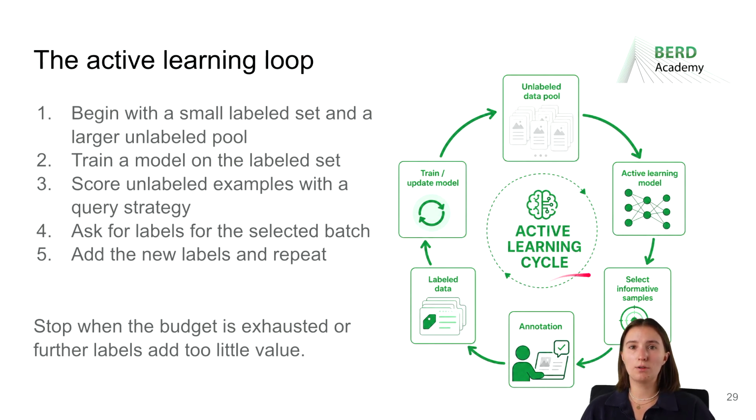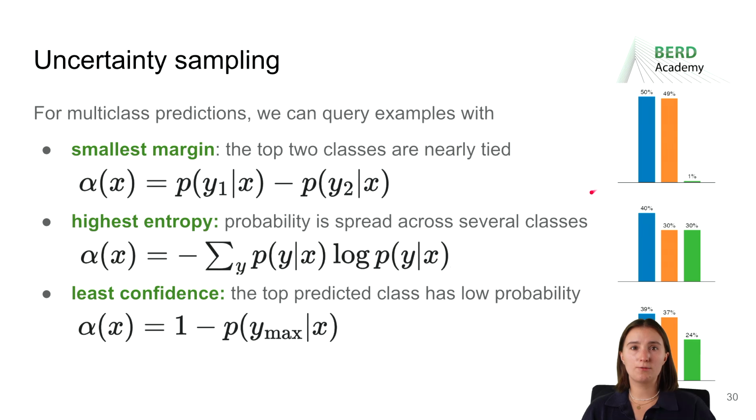Okay, next we're going to look at which kind of selection strategies, or so-called acquisition functions, exist. There exists, for example, uncertainty sampling, which considers the uncertainty that we have in our predictions and chooses samples for different reasons.